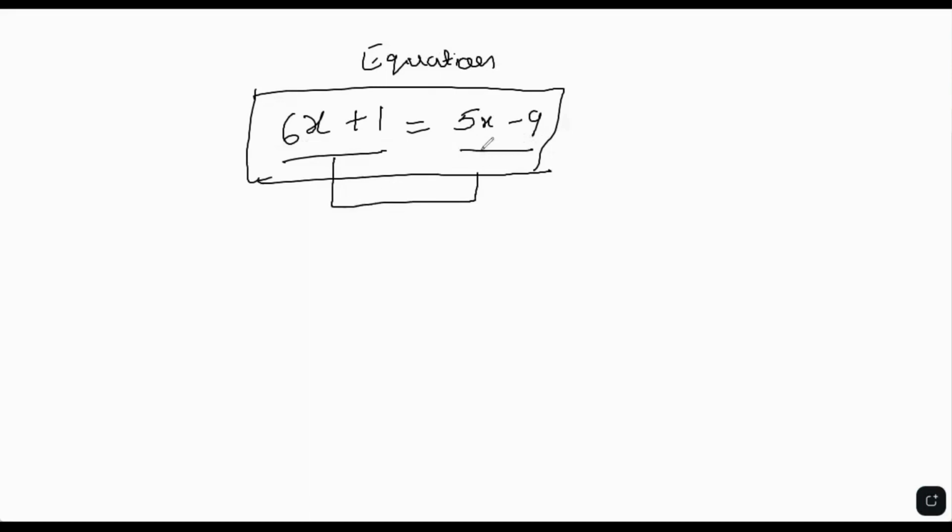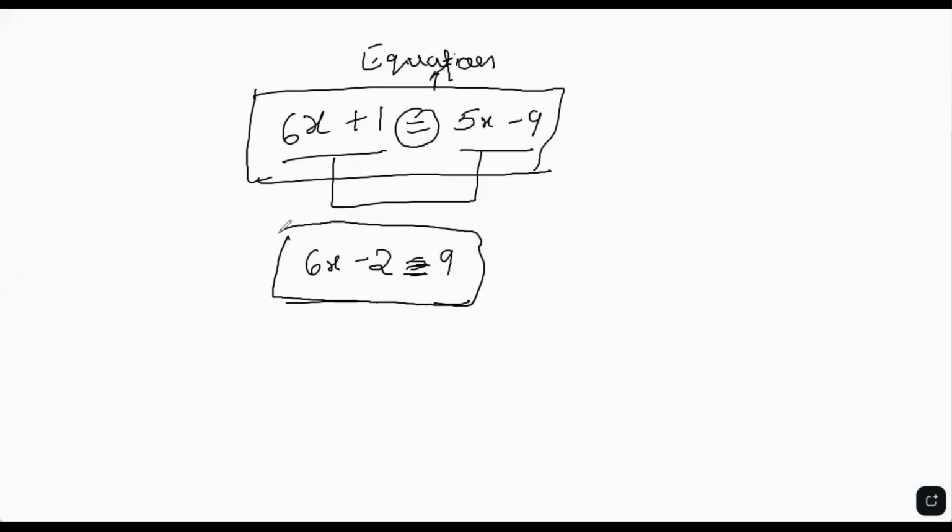If two expressions are equal to each other, then we call it as what? Equation. Any two expressions, if they are equal to each other, then we call it an equation.